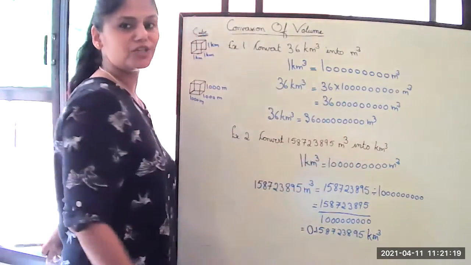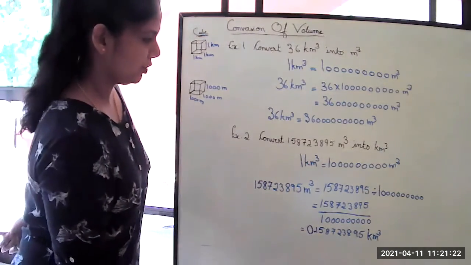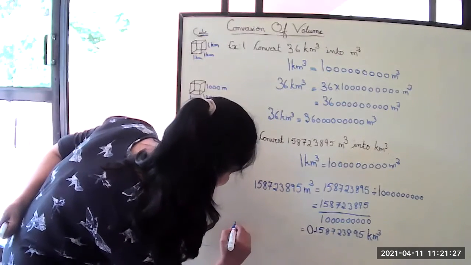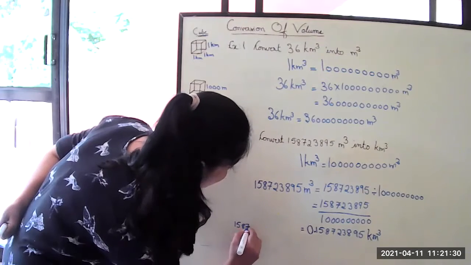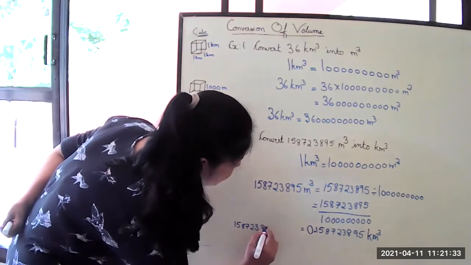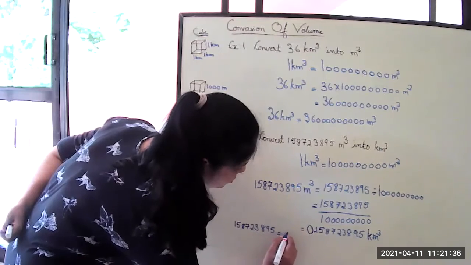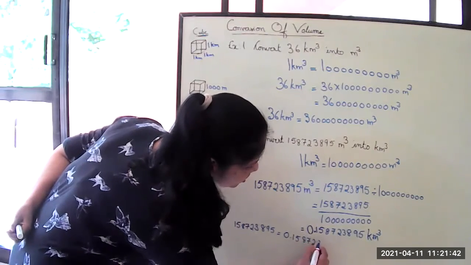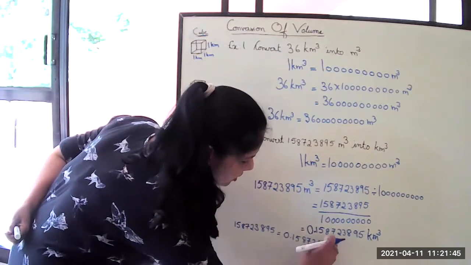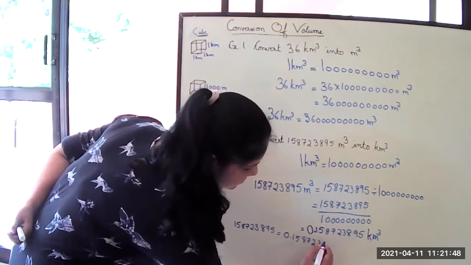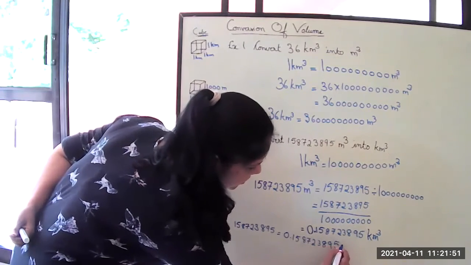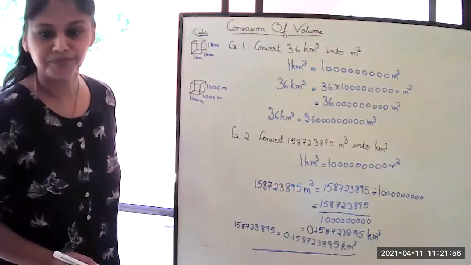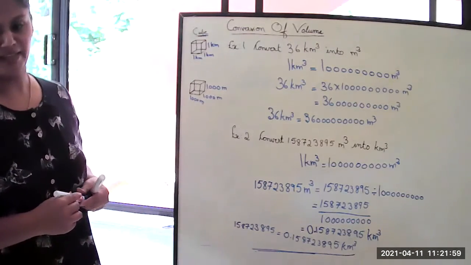You are asked to convert meter cube into kilometer cube. So you can write your final answer as 158723895 meter cube is equal to 0.158723895 kilometer cube. Okay, so this is your final answer.